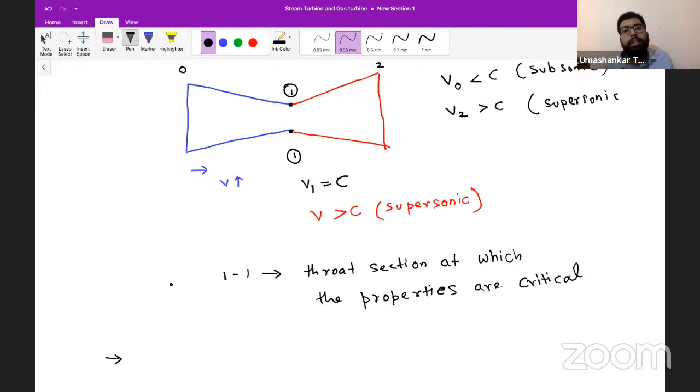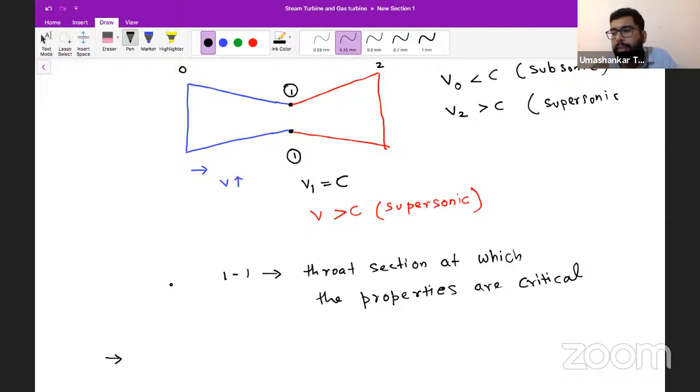Virender, you are asking: sir, if we increase converging section more than the choke section, velocity will decrease. No. If you further converge it, it will be no more a sonic flow; it will become subsonic flow.